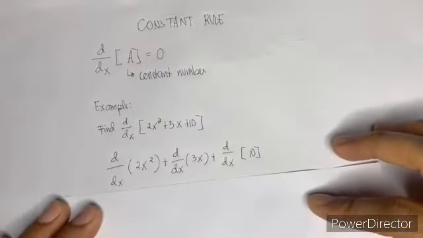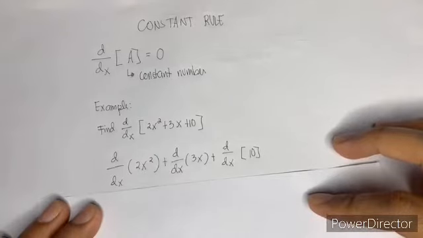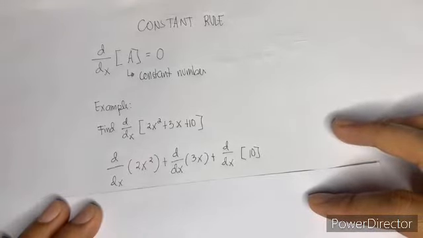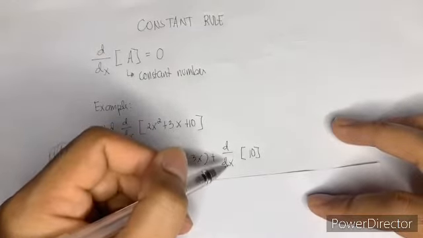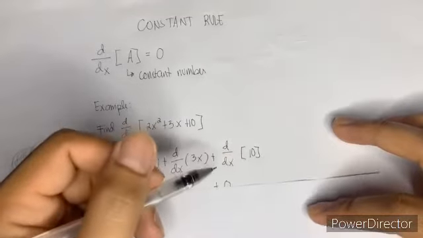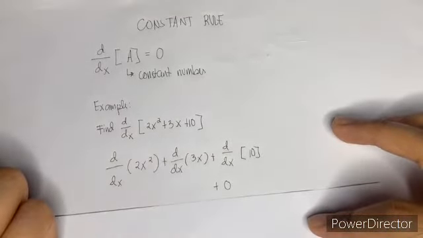So, based sa ating definition kanina, na kahit anong number na ilagay mo dyan, magiging 0 pa rin lahat. So, ang gaya dito, D with respect to x is 10 is equals to 0. So, any number na ilagay mo, as what we have said a while ago, magiging 0 naman yung result niya.